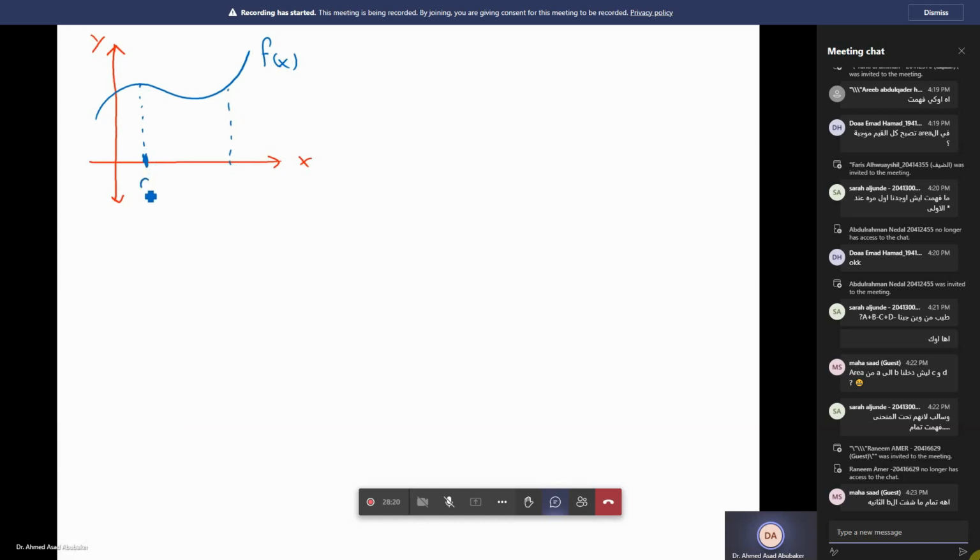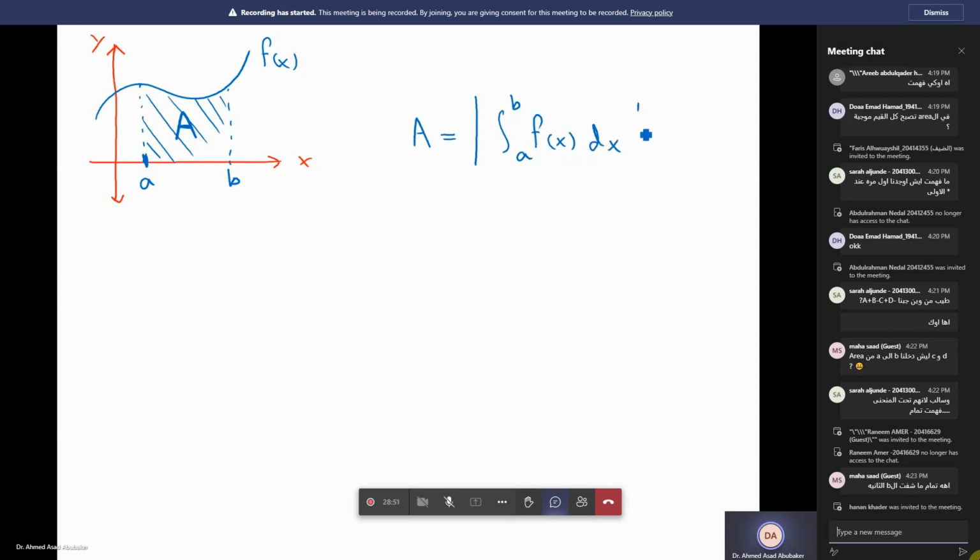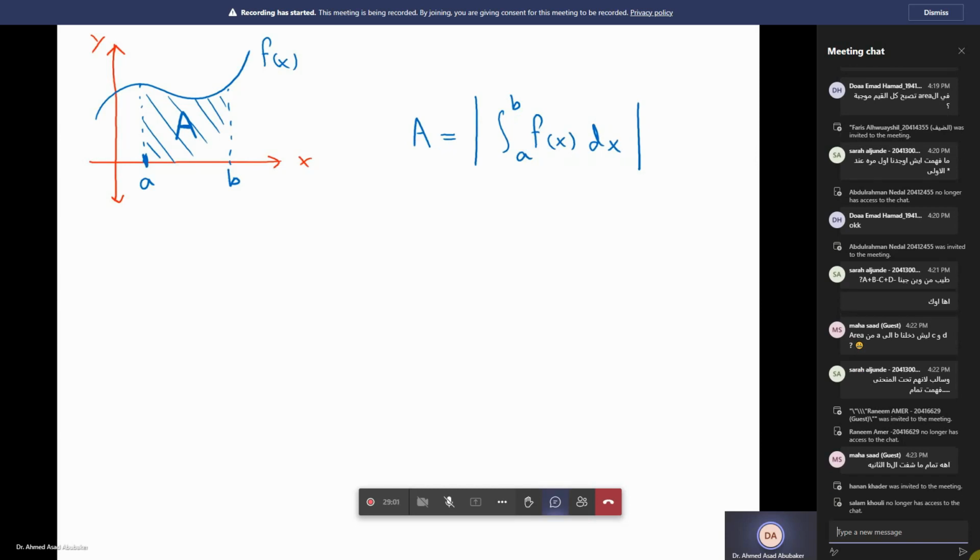If we have the curve f of x from A to B, all the curve above the x-axis, or all the curve from A to B under the x-axis, then the area directly equals the absolute value of the integration from A to B of f of x. We don't have two parts.